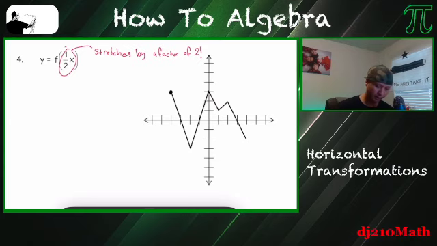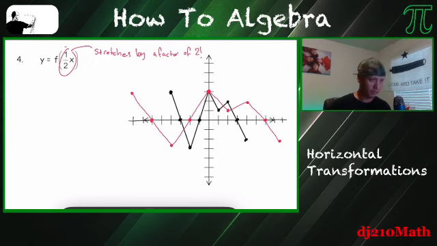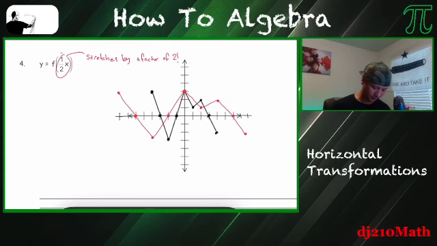So here we have -4, times 2, -8. As you can see, it grabs the ends and stretches it apart, like it pulls it apart by a factor of 2.